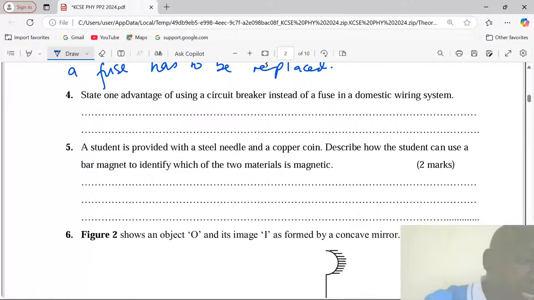A circuit breaker breaks the circuit instantly.